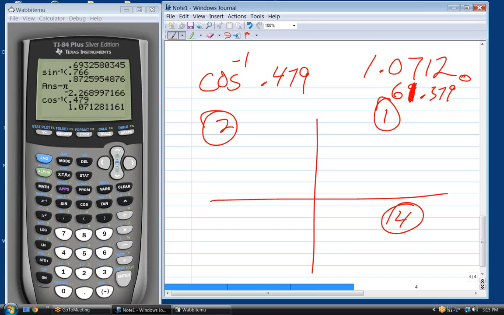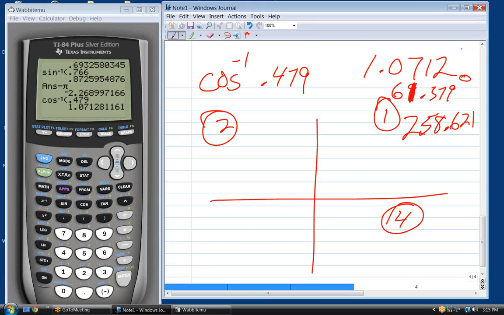It would be 360 minus 61. Yeah, so what is that? 298.621. In other words, we took 360 degrees minus our first quadrant angle.